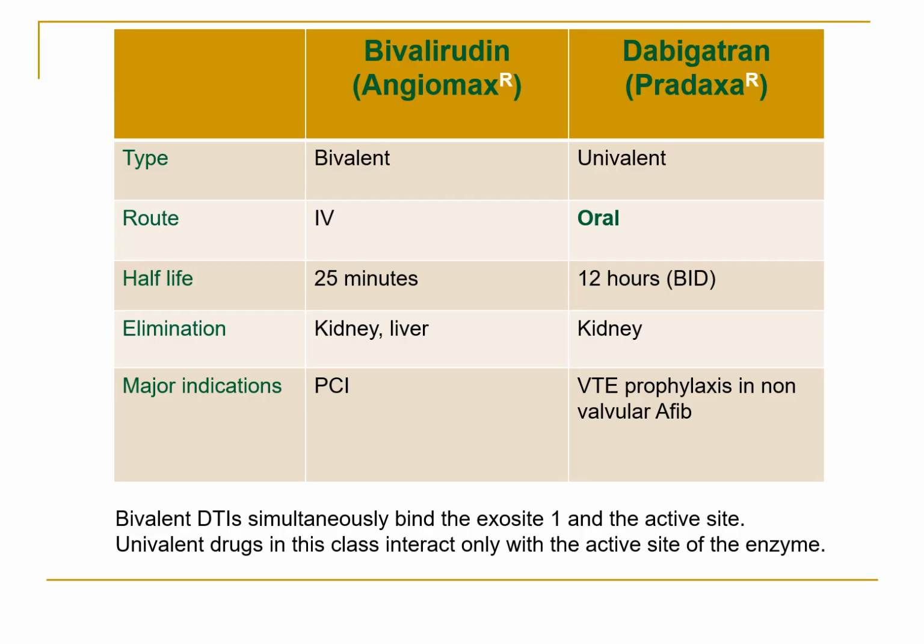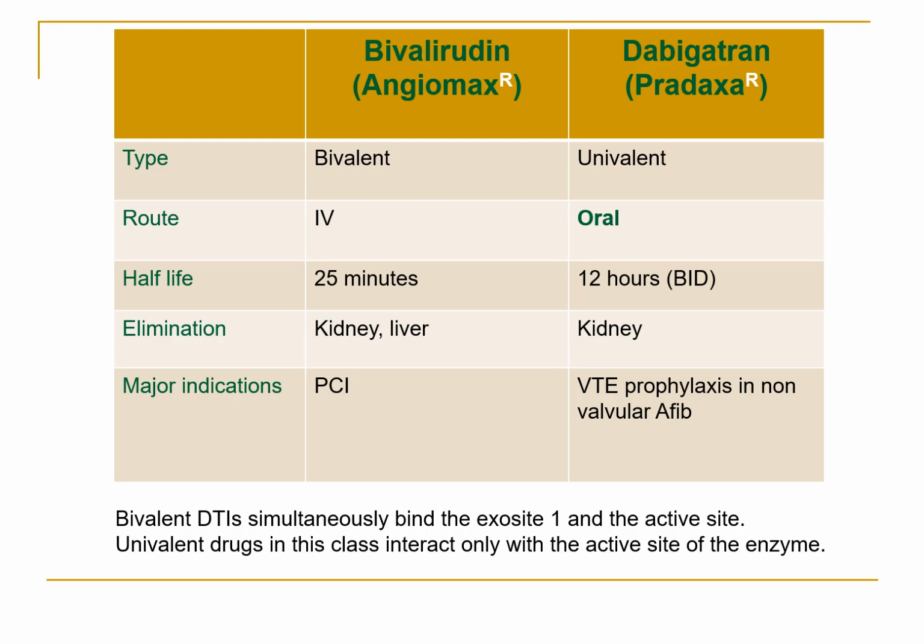And now we're moving to the oral anticoagulant, dabigatran or Pradaxa. Some differences, in addition to the formulation being oral or IV: elimination, for instance, for dabigatran is only kidney. For bivalirudin, it's both kidney and liver, and there are different reasons to use them.